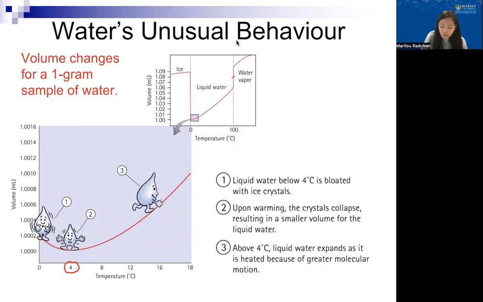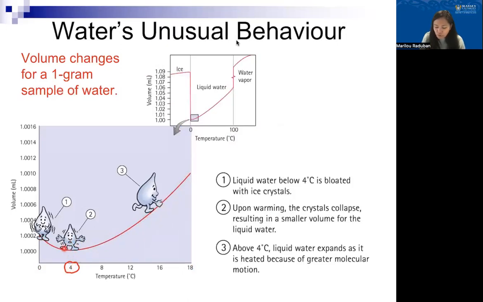So 4 degrees Celsius is a special temperature, and at temperatures lower than that, notice how the volume of the water starts to expand. Around 4 degrees Celsius is where the unusual behavior of water starts.